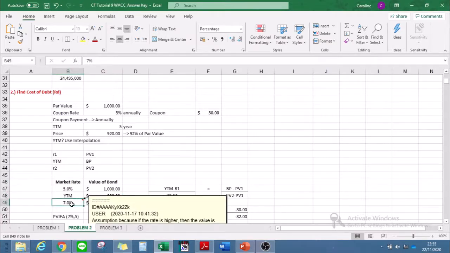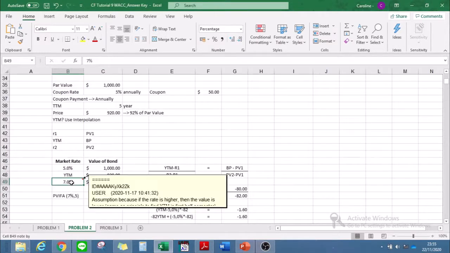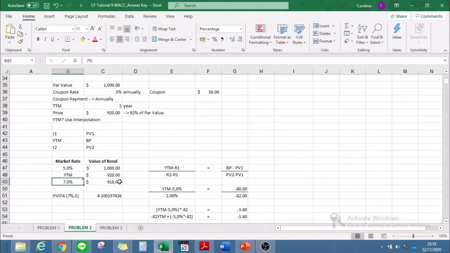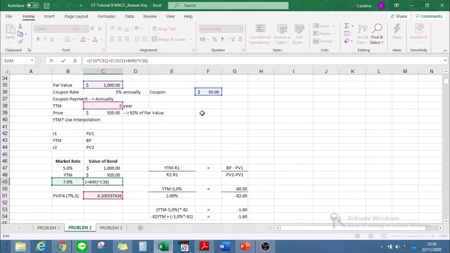Let's assume that we put in 7%. What is the value of the bond? Remember that the value of the bond consists of two things. The first one is the present value of the coupon, and then the present value of the par value itself. So you need to find the PVIFA, or the present value interest factor annuity, and then multiply it by the amount of the coupon.